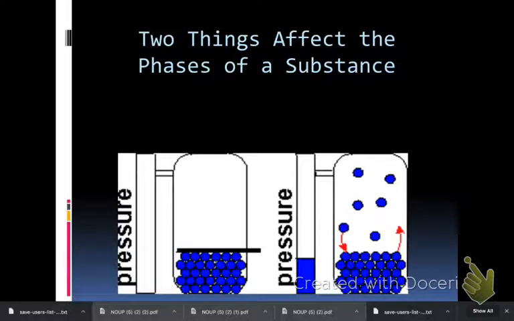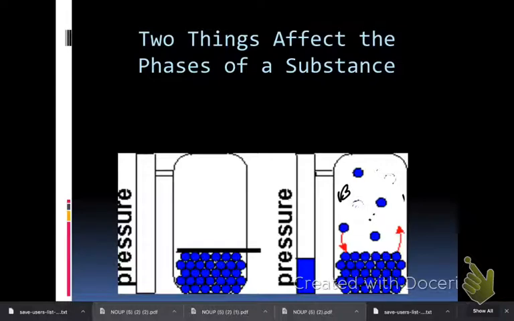So in the second one here, which we'll call B, if we increase the temperature of this system, we would have more particles filling the space above, which would cause an increase in pressure. If we decrease the temperature, we would have fewer particles in the space, and that would cause a decrease in pressure.